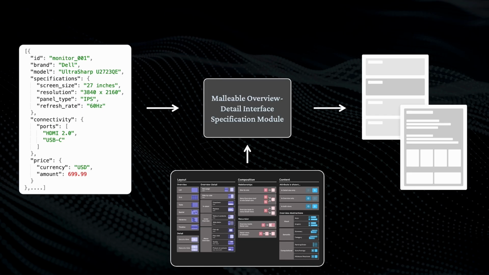So basically, we can consider all the data to follow an array of JSON, and the JSON describes the attributes of an item.